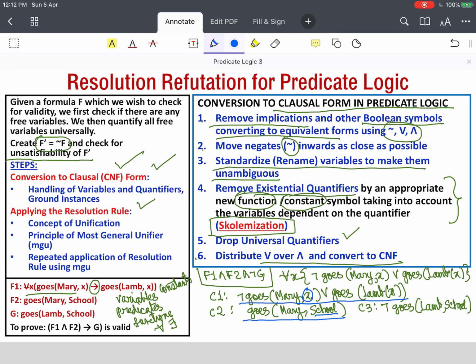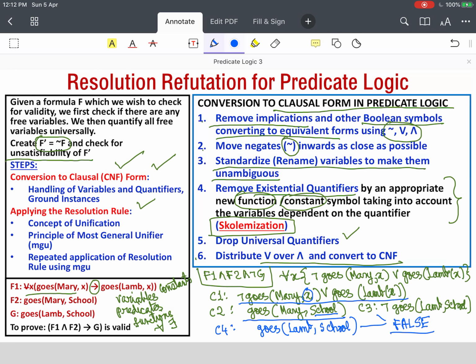If we substitute x with school, this goes Mary school and this not goes Mary school match, and because x is substituted to school, we get C4, which is goes lamb school. Now C4 and C3 are negates of each other, and therefore from this we get false.